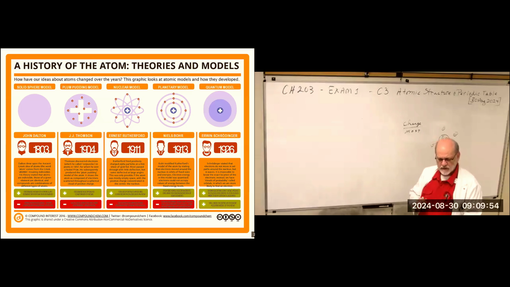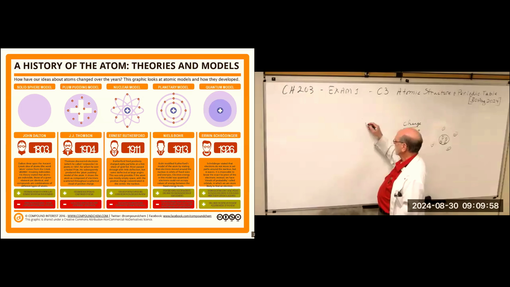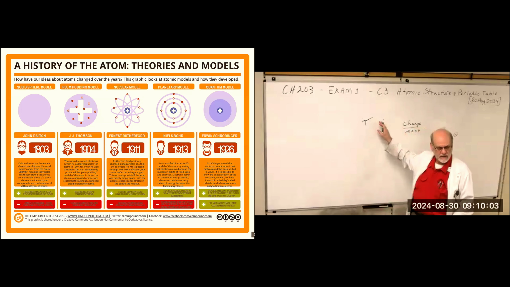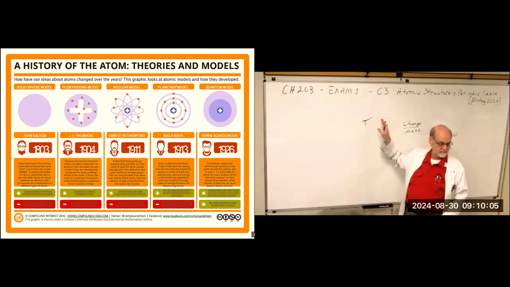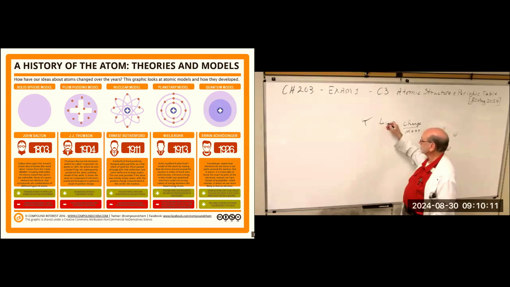Well, let me go to what the particles were. He said there are three, and he gave them Greek letters. He said the gamma radiation is high energy light. It has no mass. Of course, we know that's not right, but anyway, this is light.